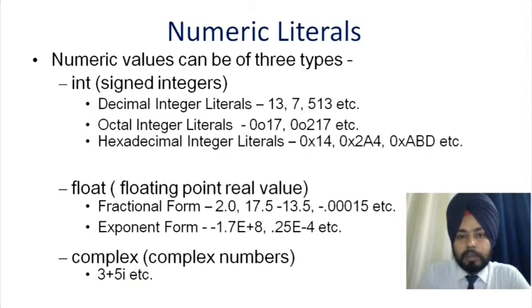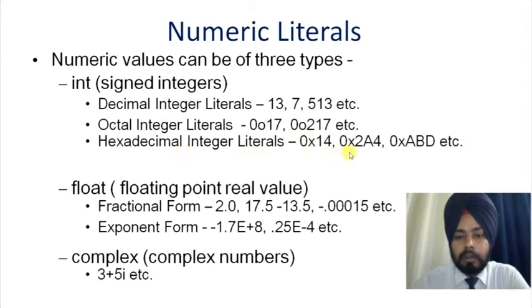Next one is numeric literals. Numeric values can be of three types: integer, float, or complex numbers. These are called decimal integer literals: 13, 7, 513. The next one is octal integers. This is an example of octal integers.